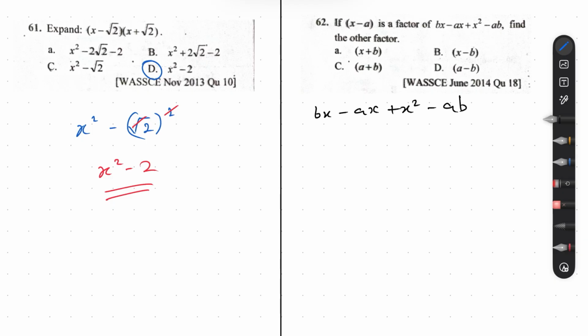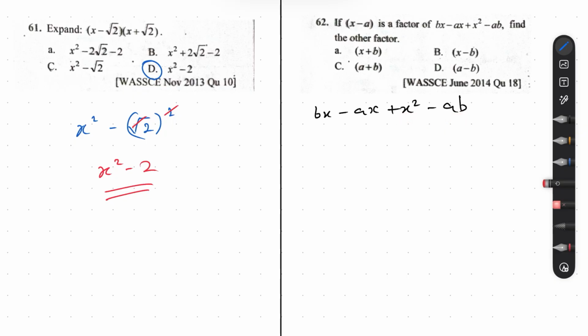Okay, so now let's try to group some terms and try to see if we can factor out some stuff. Okay, so here we have x squared, we can work with that and factor x out. Okay, and we have b minus a, but then over here we would get stuck because there is nothing common between this and this.